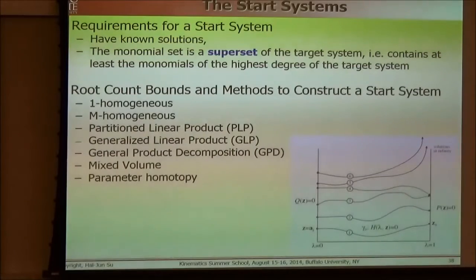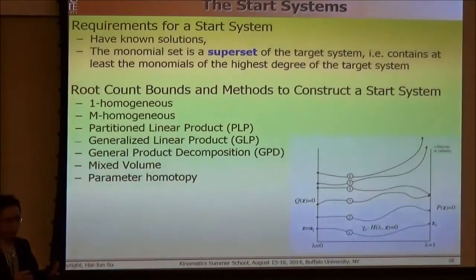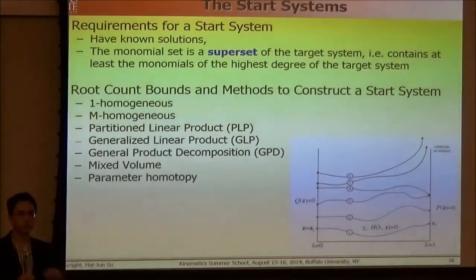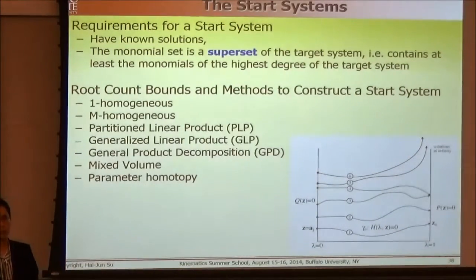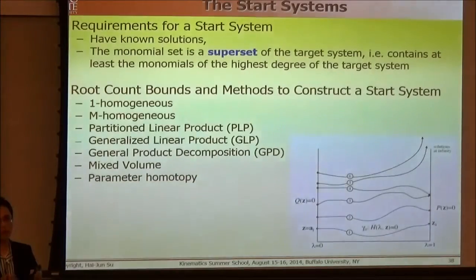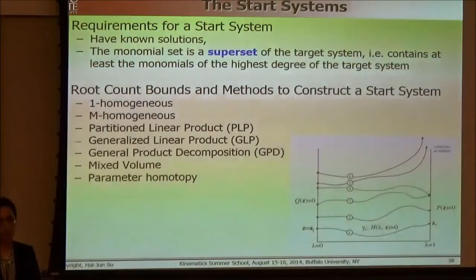Yeah. In the homotopy method, the software is all written in the complex field. Even if you are an engineer only interested in the real solutions, the coefficients are assumed to be complex. When the start system is randomly generated, the coefficients of the start system are randomly generated complex numbers.